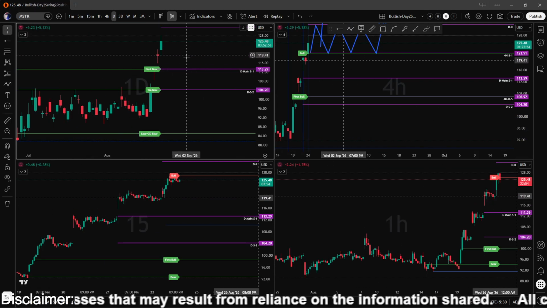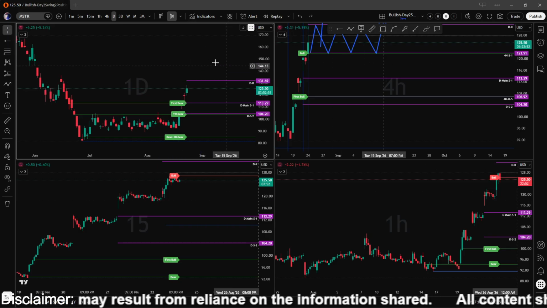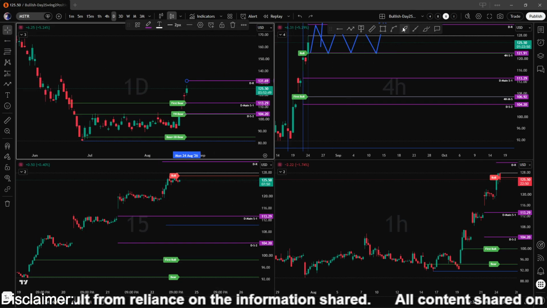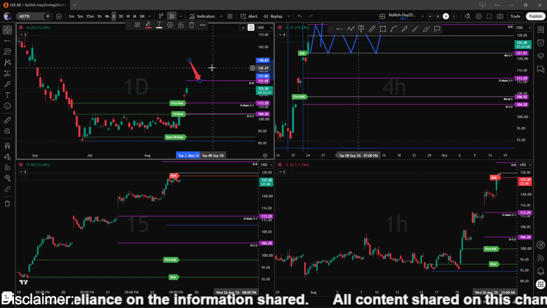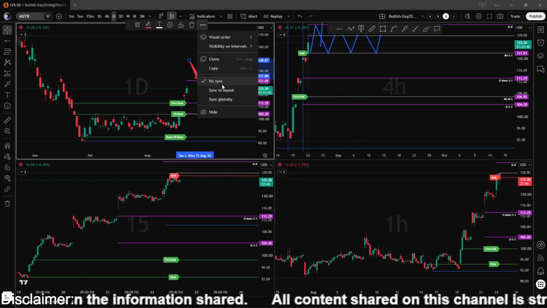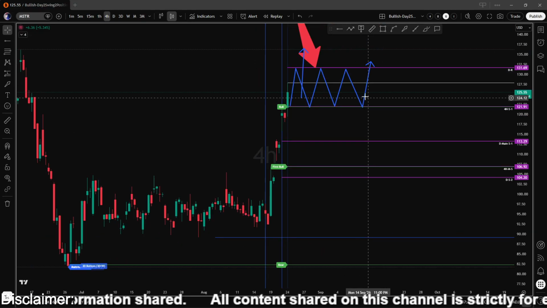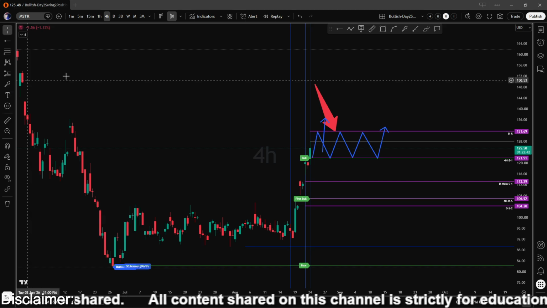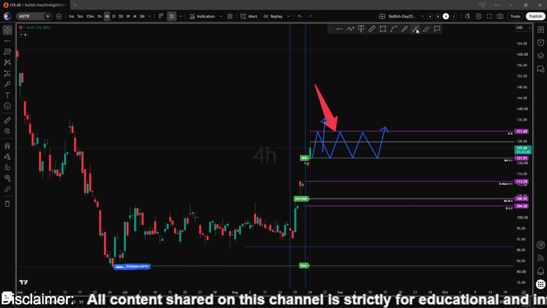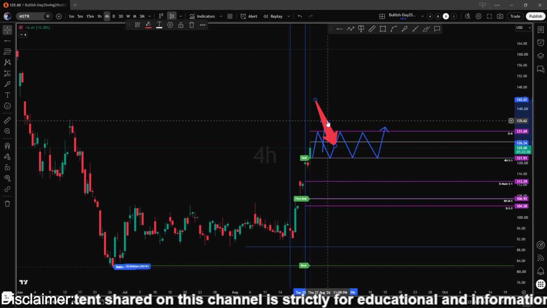This level which I'm pointing out is a daily level. So for some sort of confirmation, one of the daily candles should close above this level.